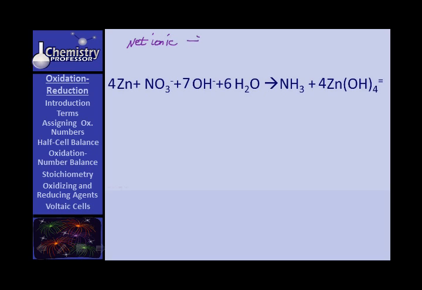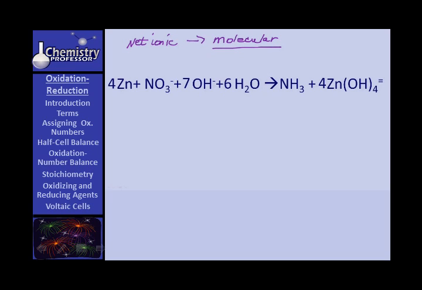And to get that, you're going to have to figure out what the molecular equation, or by the same token, the total ionic equation would be. But let's go to the molecular equation, because there are times you need to figure that one.